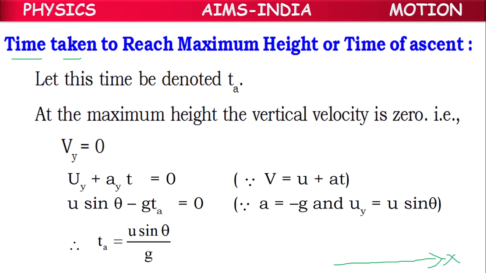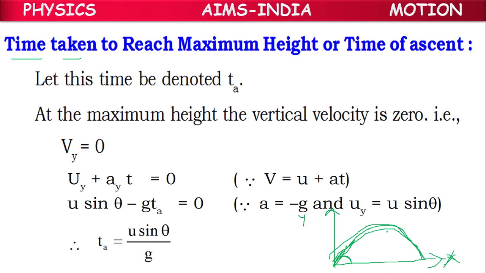If this is the ground, this is x-axis, this is y-axis. We are projecting a body with an angle other than 90 degrees with the ground, then its path, its trajectory, will be like a parabola.